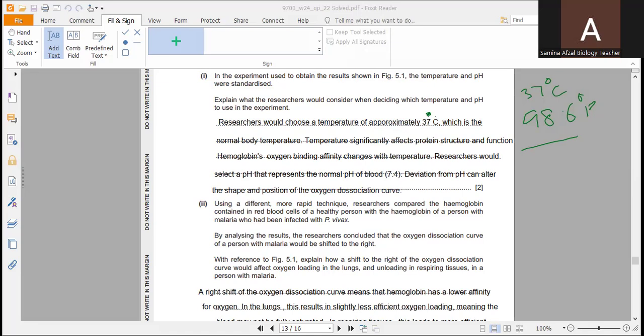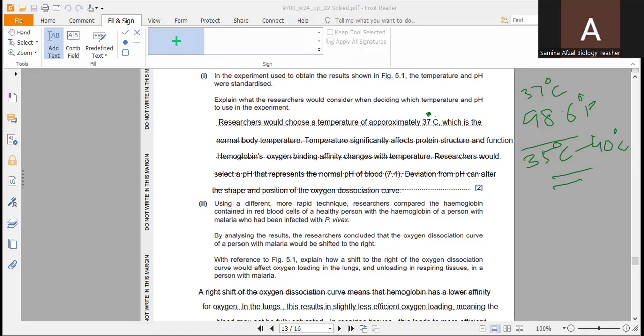Temperature significantly affects protein structure and function. The optimum temperature for proteins can be between 35 degrees centigrade to 40 degrees centigrade. Hemoglobin oxygen binding affinity changes with temperature.